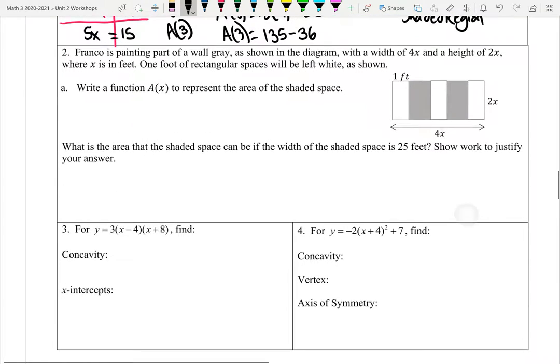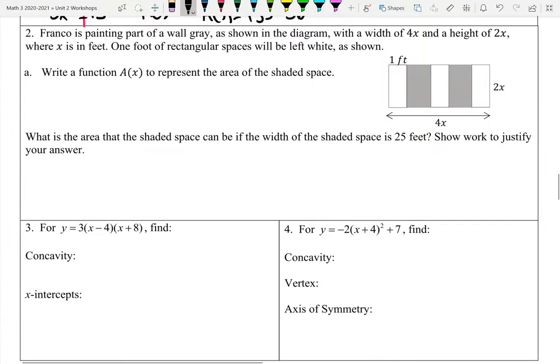In this situation, Franco is painting part of a wall gray as shown in the diagram. It has a width of 4x and a height of 2x, where x is feet. 1 foot of rectangular spaces will be left white as shown. So these spaces are going to be 1, 1. This looks to be 1.